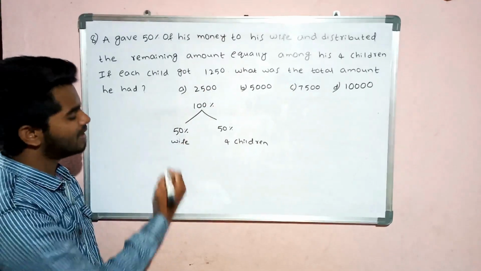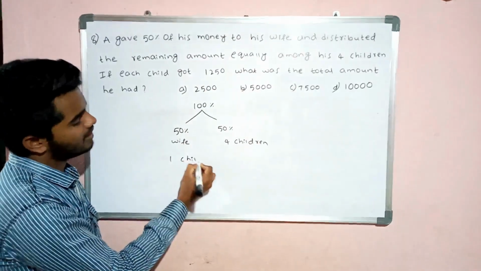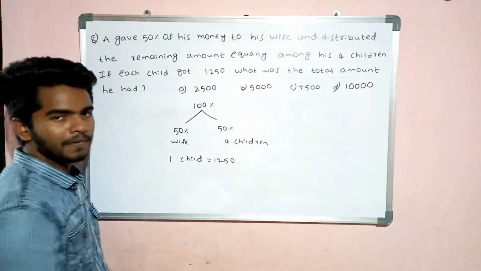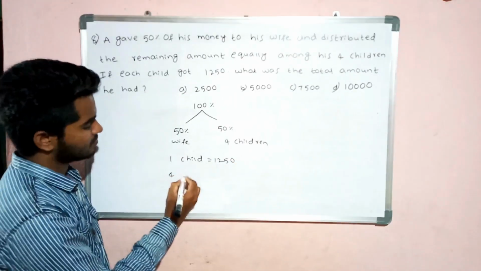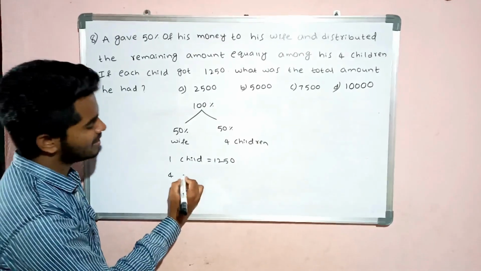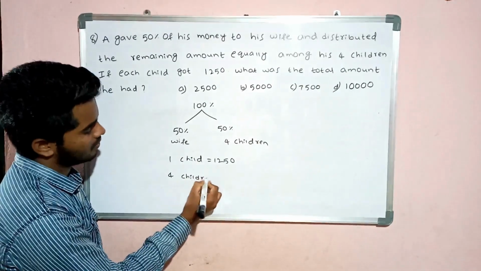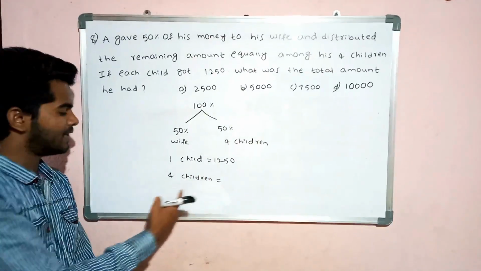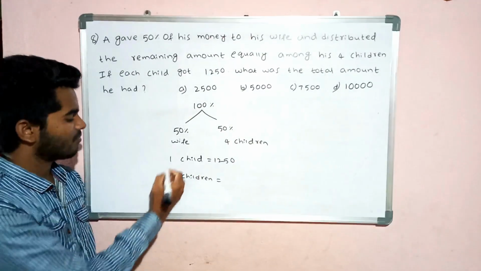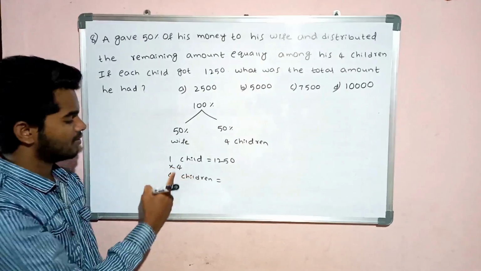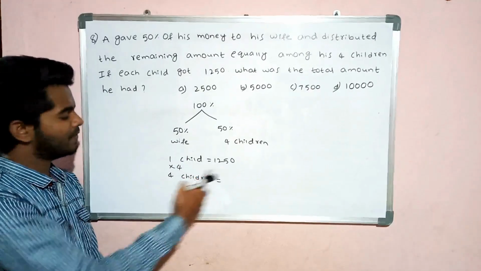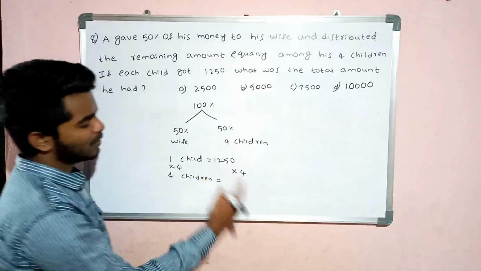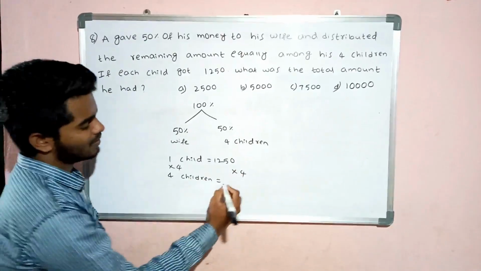One child equals 1250. For 4 children, multiply by 4, and the right side also the same, into 4. 1250 into 4 is 5000.